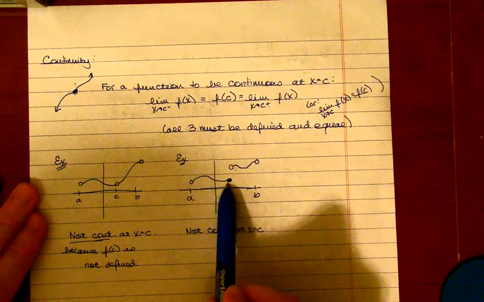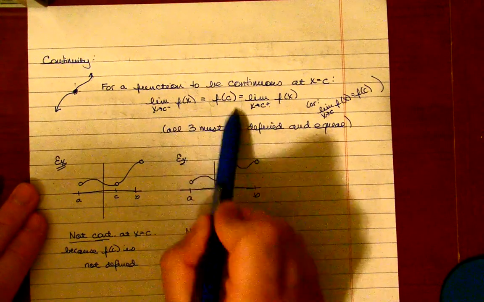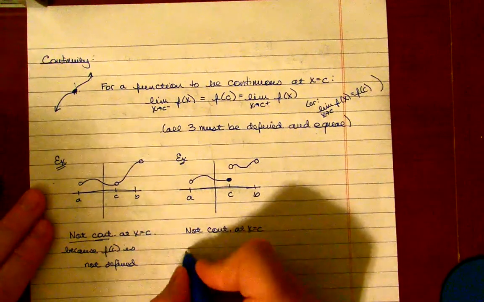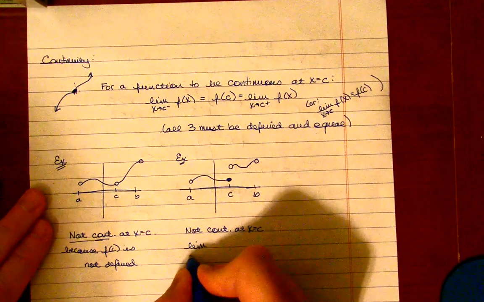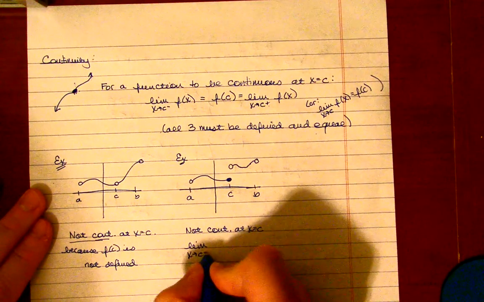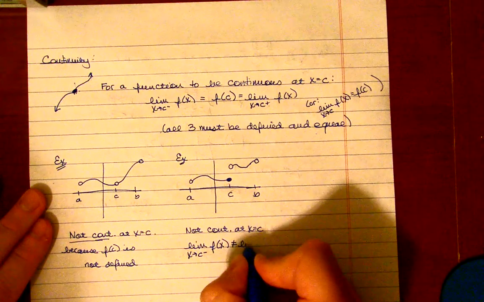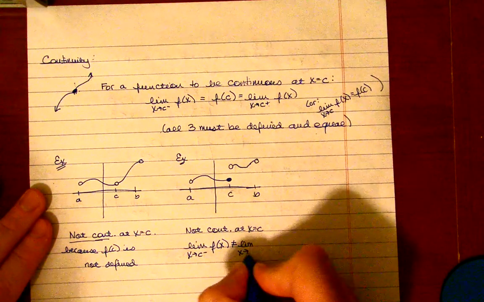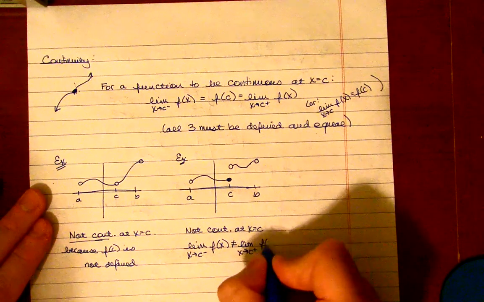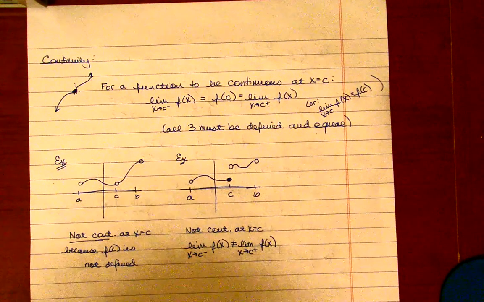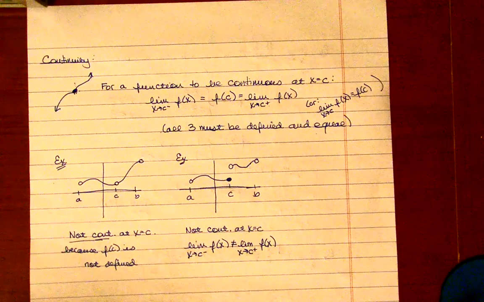The limit as we approach c from the left equals f of c, but they don't equal the limit as we approach c from the right. I'm going to say we're not continuous because the limit as x approaches c from the left of f of x does not equal the limit as x approaches c from the right of f of x. f of c exists, but it doesn't equal the limit from the right, and the limit from the right also doesn't equal the limit from the left.